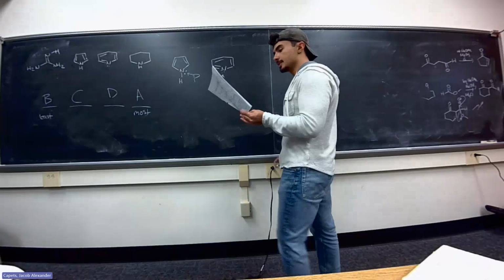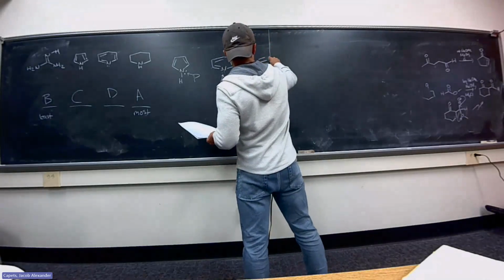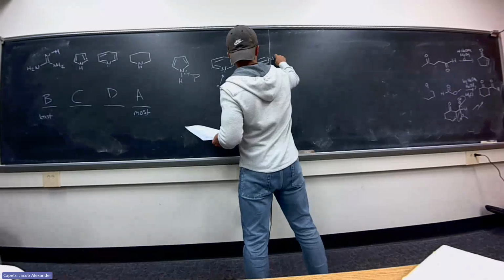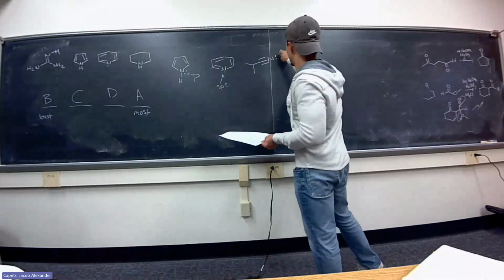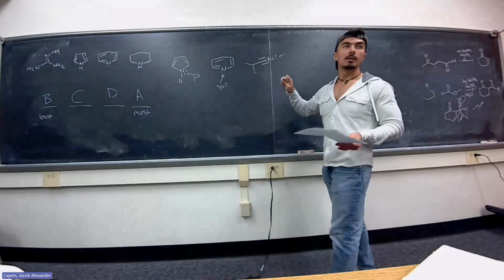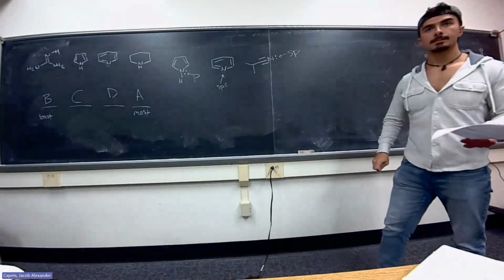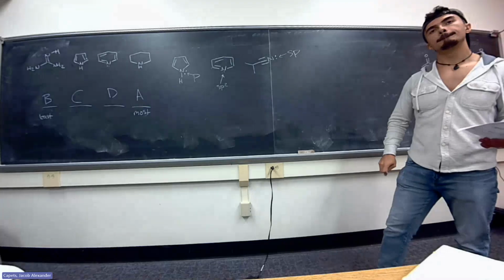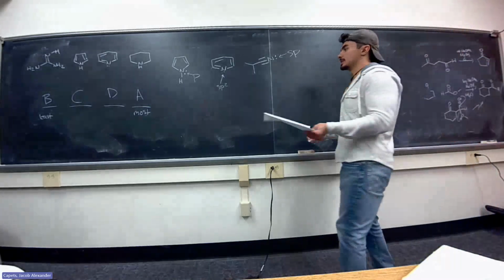Okay, I made a mistake when I wrote this out. That should be a nitrogen there. Oh, that makes more sense. And this is in an sp orbital? Would it be the same? I was looking at the nitrogen.